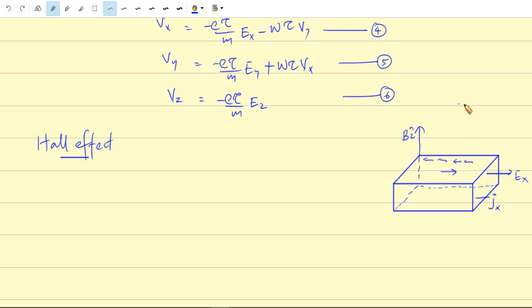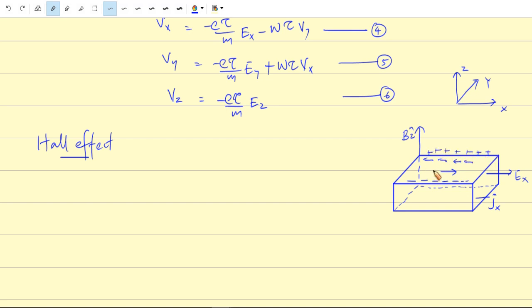So this is the x direction, this is the y direction, and this is the z direction. So electrons will be deflected in the negative y direction. So here negative charges will be accumulated on this side of the conductor. On this side of the conductor, positive charge will be accumulated.